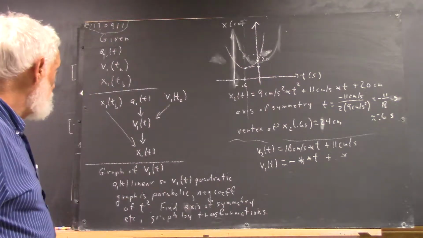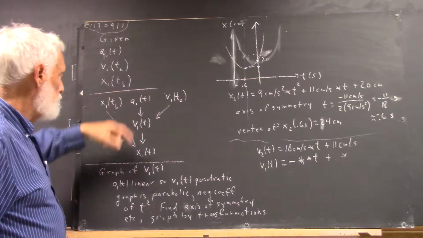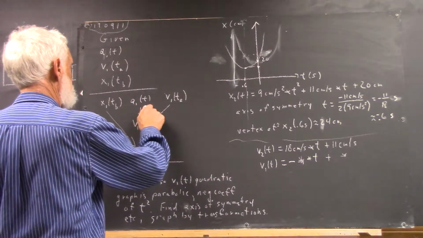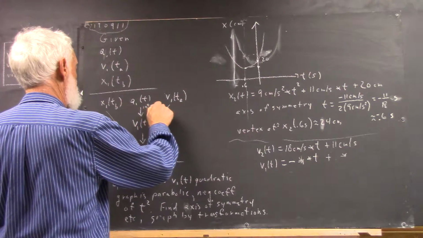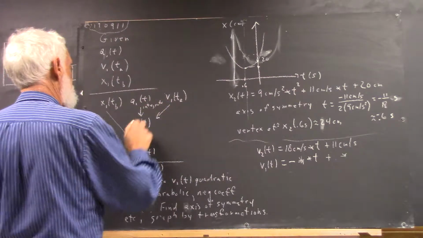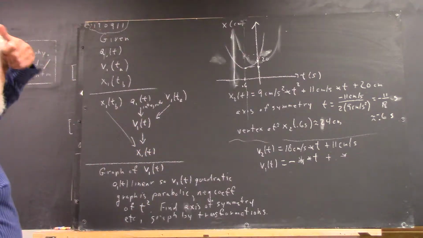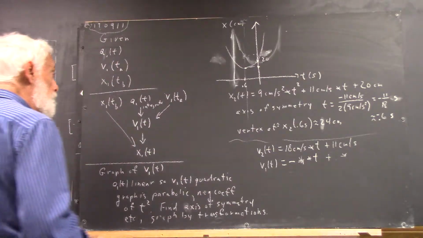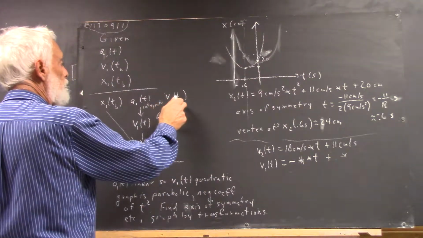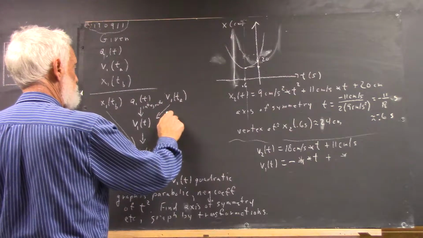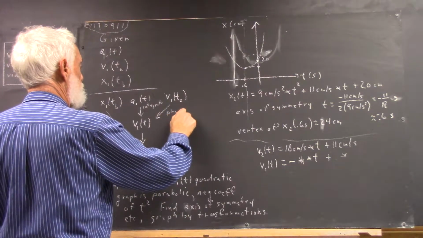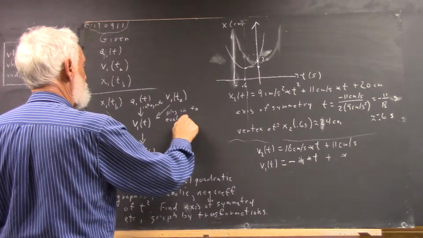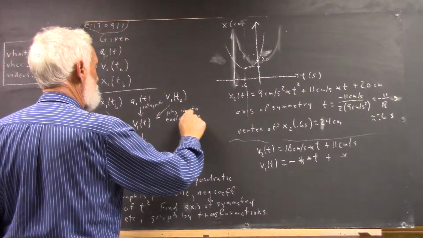And now we know that with a1 of t, we can integrate to get v1 of t, since acceleration is a derivative of velocity, velocity will be an antiderivative of acceleration, and use our v1 of t sub a, which we plug in order to evaluate our integration constant.